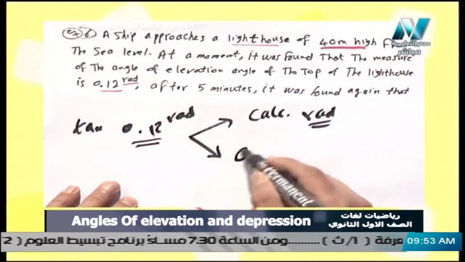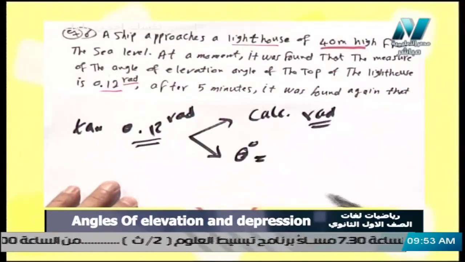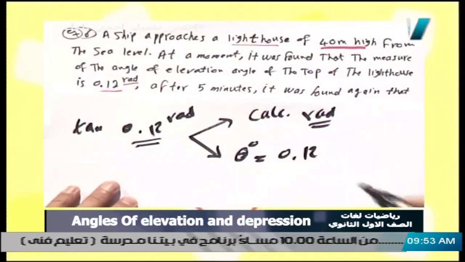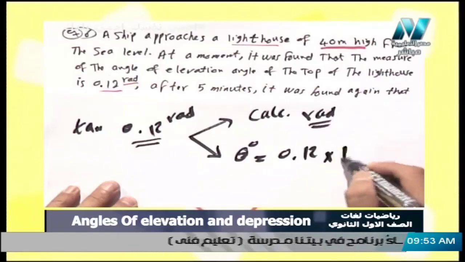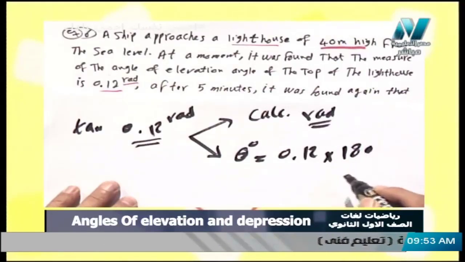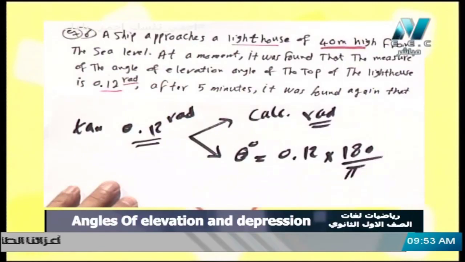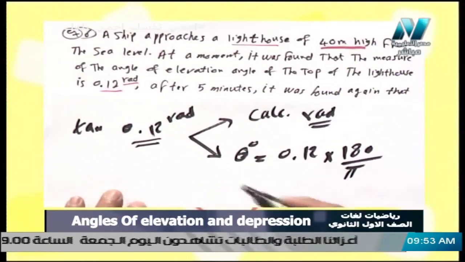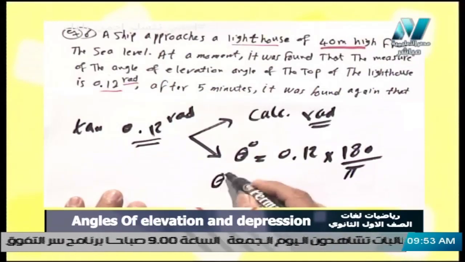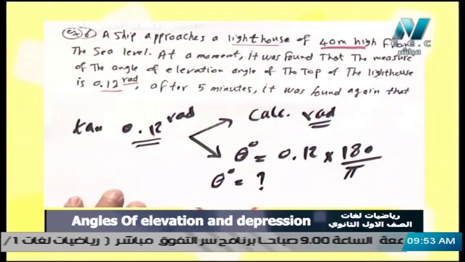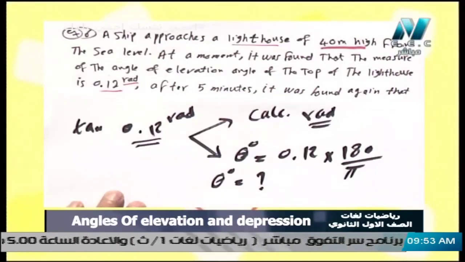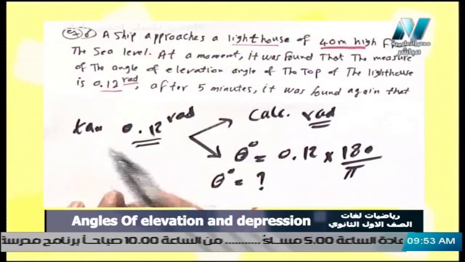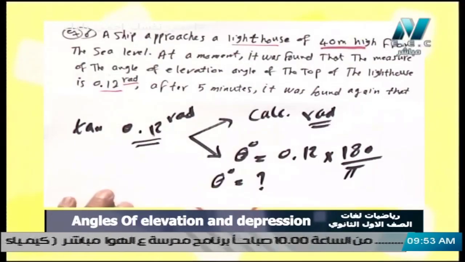To find theta in degrees, it will be equal to 0.12 rad multiplied by 180 over pi, and then you will find theta in degrees equals an angle, and you put this resulting angle instead of tan 0.12.